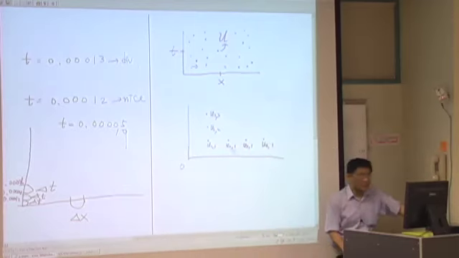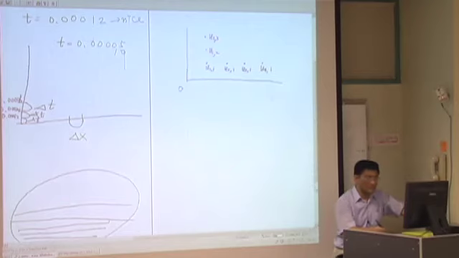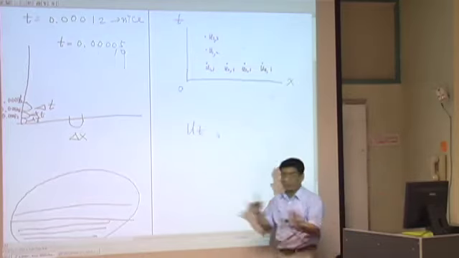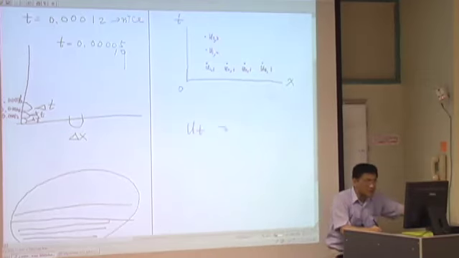Now, how can we create the relation? We create the relation from the differential equation. So this is the t direction, this is the x direction. Assume that u sub t is given in the differential equation. Then this can be translated into the finite difference representation.